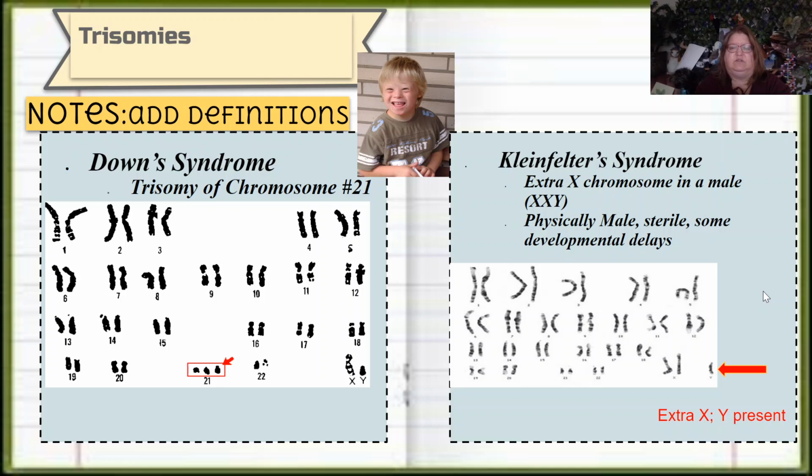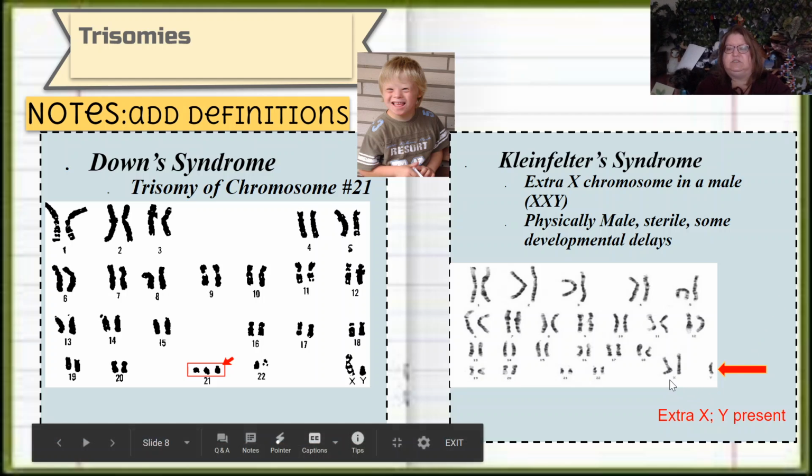In fact, babies born with Klinefelter syndrome are born physically male, but they are not getting the signals to produce sperm cells, so they're sterile. So they have X, X, and then a Y down here. So that is a trisomy.